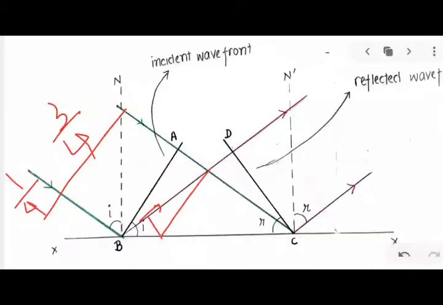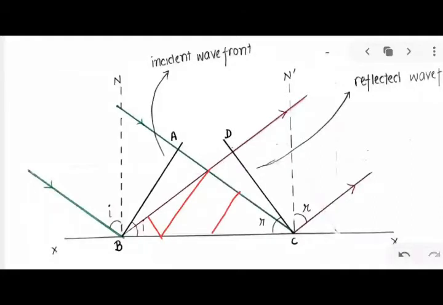The 3/4 part of the wavefront is moving towards point C, whereas 1/4 is moving towards point D. As it keeps on moving, the half of the wavefront is moving towards point C, whereas the other half which has already been reflected moves towards point D. So gradually all the points get reflected.